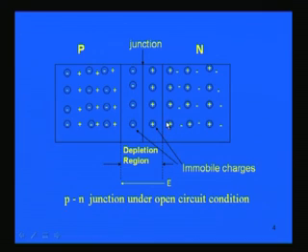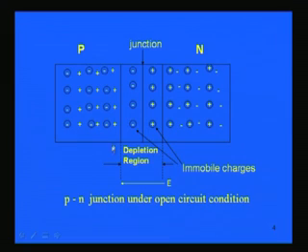So, this region where there are no mobile charges, only bound or fixed charges, is called the depletion region, or it is also called the space charge region. So, this region is devoid of free carriers.